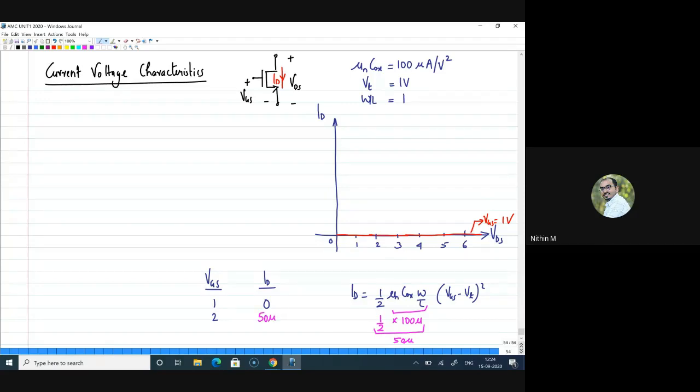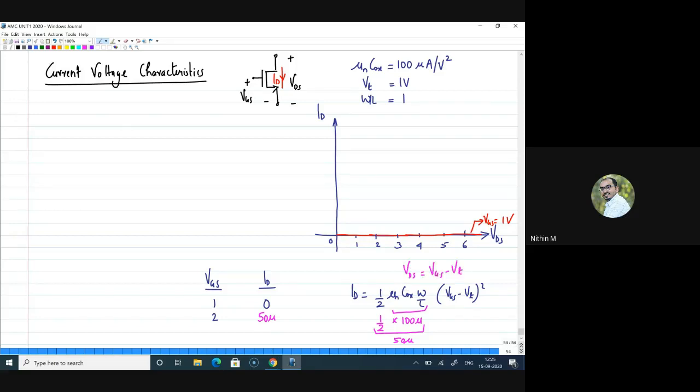So when your VGS is 2, your ID is equal to 50 microamps. But how will I plot this? When your VGS is 2, you will get a current of 50 microamps, but that constant current will be available from what value of VDS? I will get that from the VDS value of VGS minus VT.